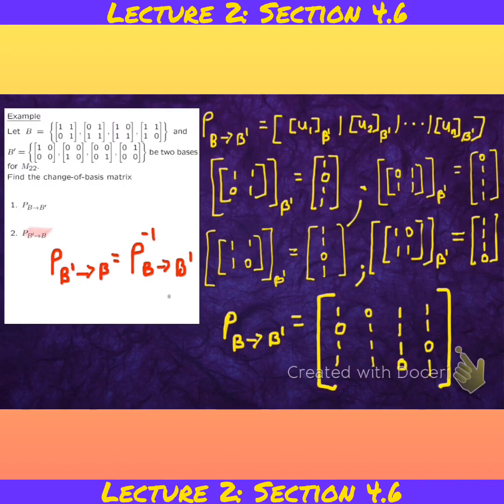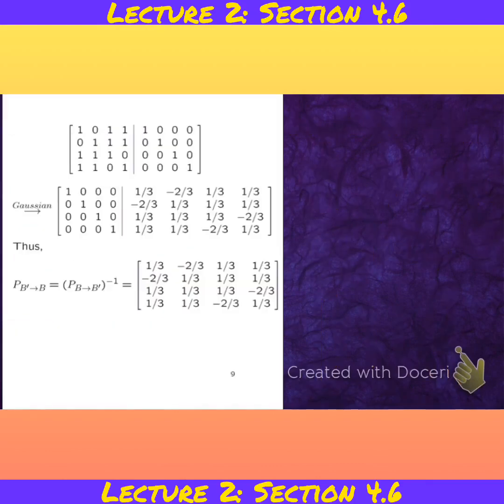So now that we have our change of basis matrix from B to B prime, we can easily determine the change of basis matrix from B prime to B, which is this matrix here, by simply taking the inverse of that matrix.